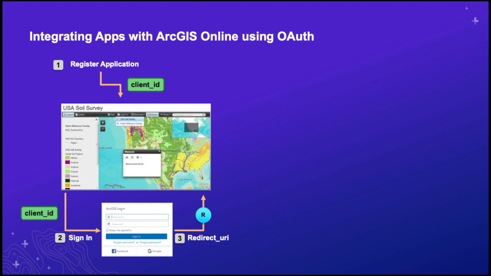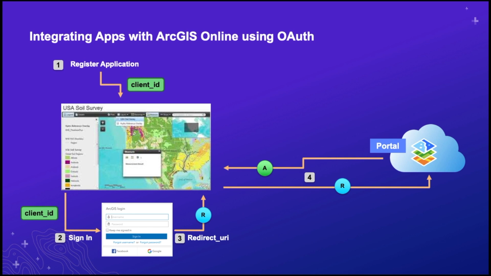And using that refresh token, you can get an authentication token or an access token like we had in the previous case. And then use that access token to make calls on the REST API to do whatever the application needs. In this way, you don't have to ask the user to log in so often.